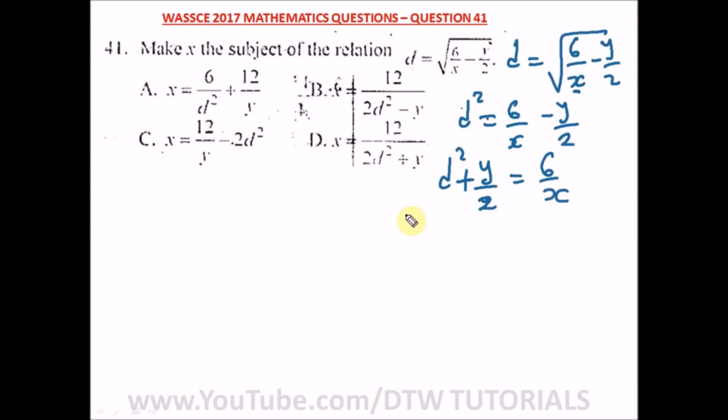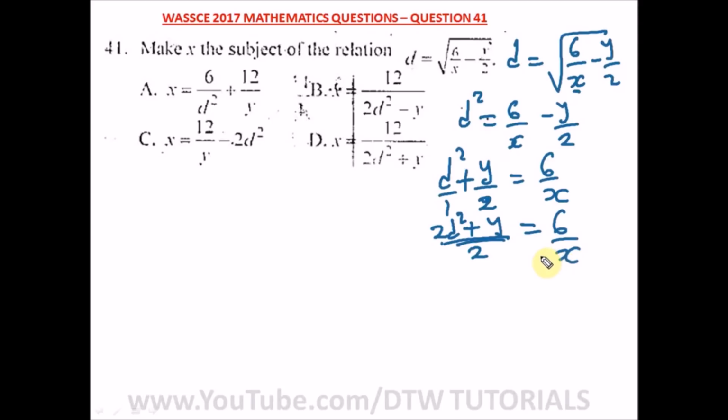Let's look for the LCM of this, which is 2. 2 times d squared gives us 2d squared. 2 in 2 is 1, times y, we have y, equal to 6 over x.